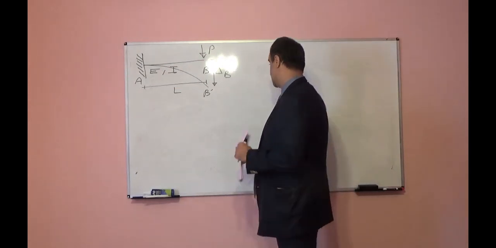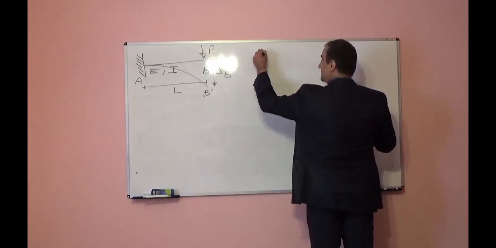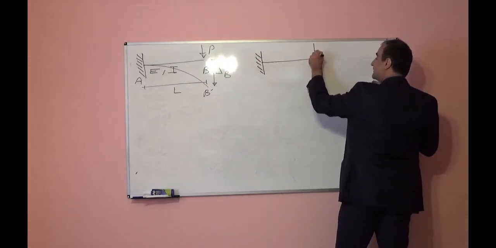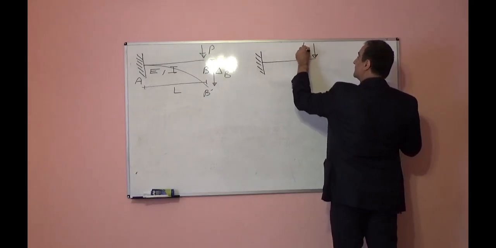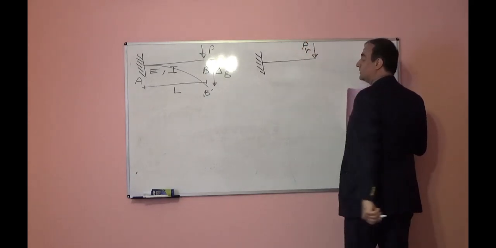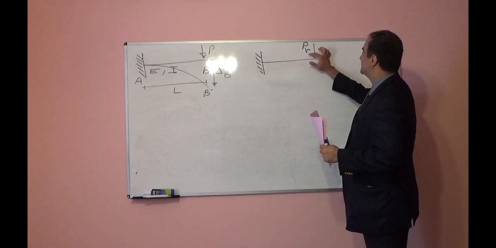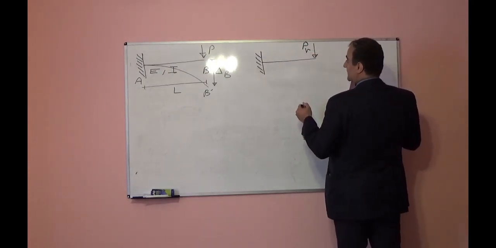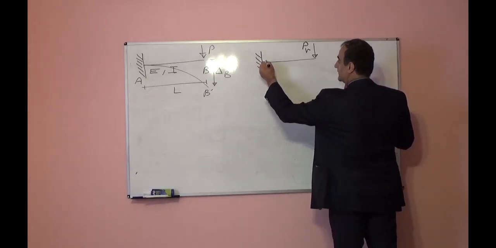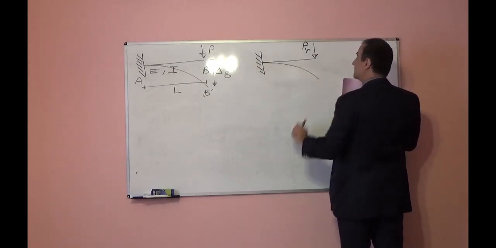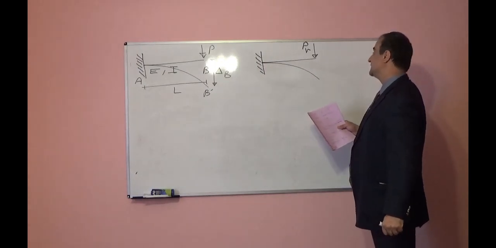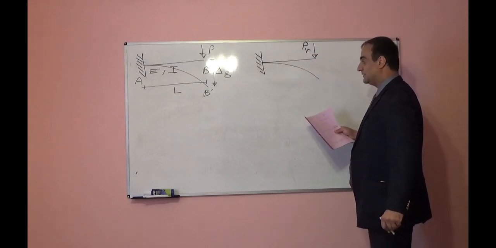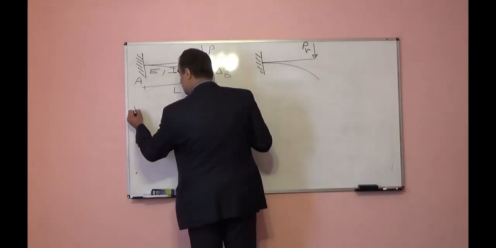This is the real system. Let's look at this beam. If I apply here one virtual load, I show it P with a V, where V stands for virtual. What will happen? Here we will have deformation because of this virtual load P V. What do we have here?